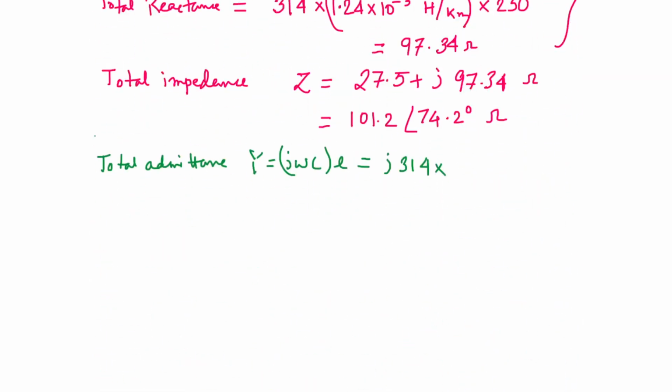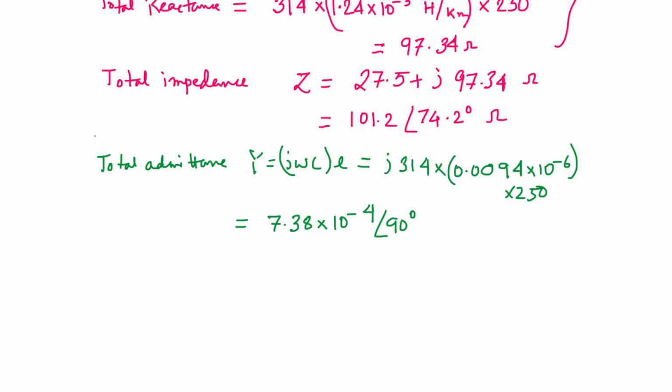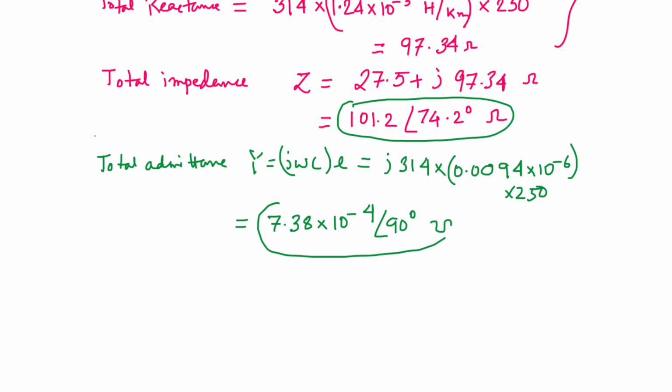So we can write 0.0094 microfarad per kilometer, so it is 10 to the power minus 6, multiplied with 250, and it will come out to be 7.38 into 10 to the power minus 4 angle 90 degree mho. This is the total impedance value, and this is the total admittance value.